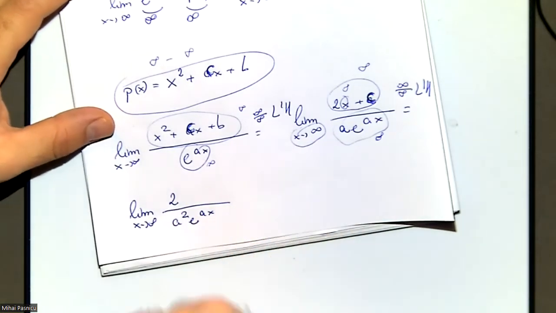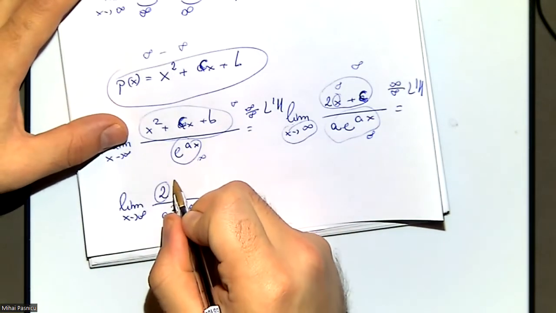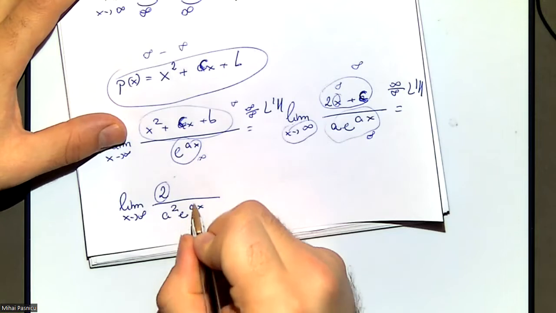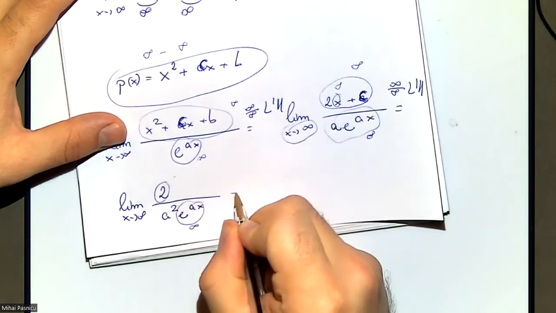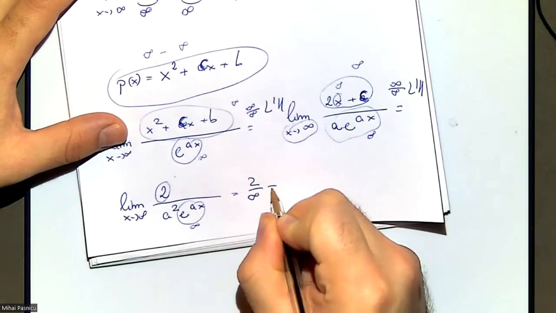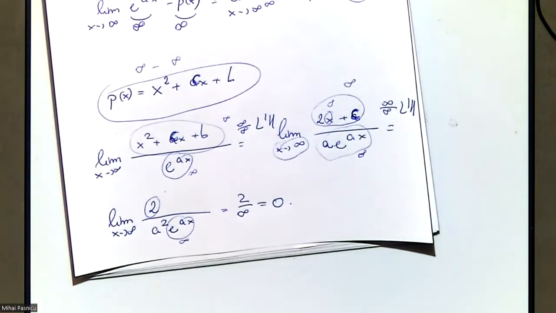And when you evaluate this, you get a constant, so 2, and this is infinity. So you get 2 over infinity, which is just 0. Okay? Does everyone follow the L'Hopital here? I think it's pretty standard, pretty simple, this L'Hopital.